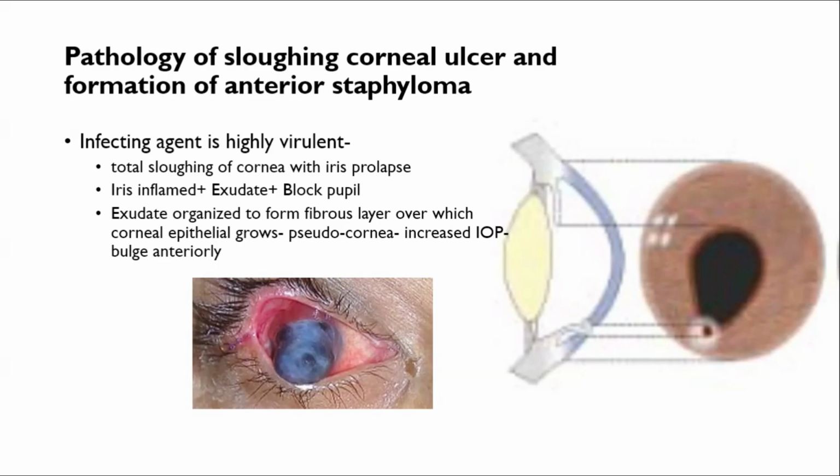This structure is not as functional as a healthy cornea and contributes to increased intraocular pressure. The increased IOP and the formation of pseudocornea lead to bulging of the anterior segment of the eye, resulting in an anterior staphyloma. This condition is characterized by an outward bulging of the eye's anterior portion due to the pressure and the fibrous tissue growth.